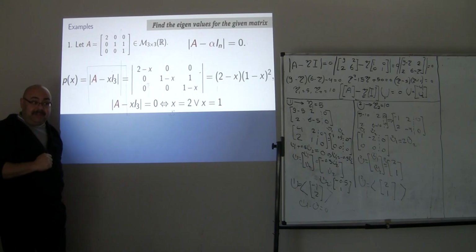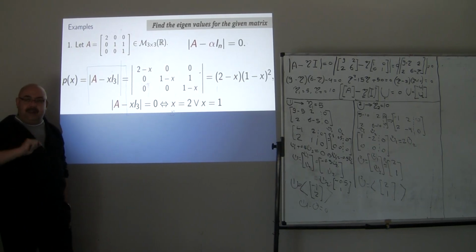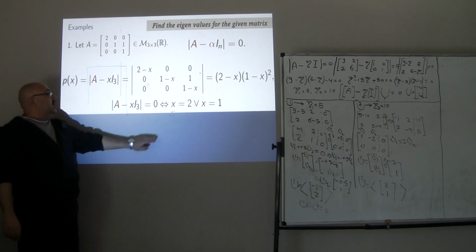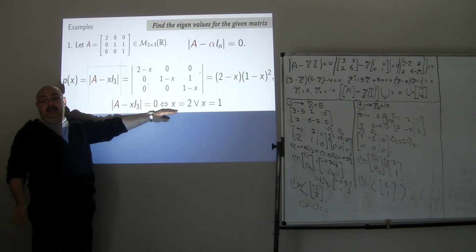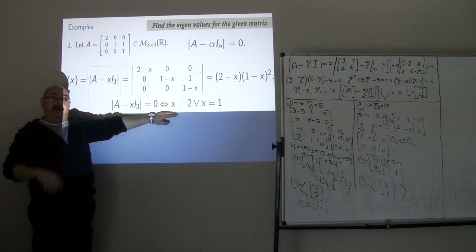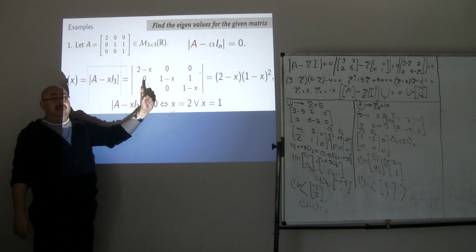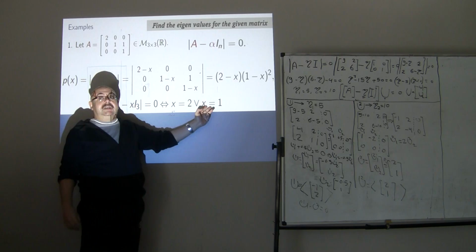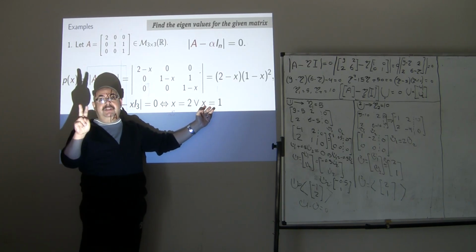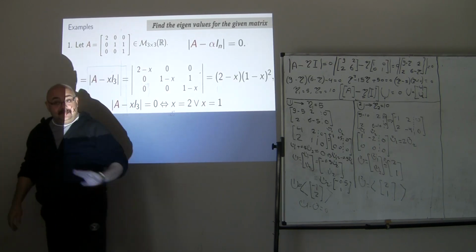Do you remember this picture? I've already spoken about planes and stuff like that. So at this stage, I knew that the eigenvalues will be 2 and 1, with algebraic multiplicities, keep it in the back of your mind. This one has algebraic multiplicity 1 because it is repeated once. But the algebraic multiplicity here is 2, because it is repeated twice.